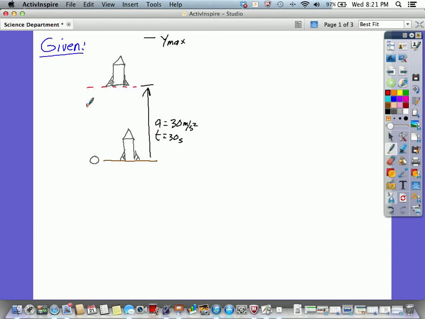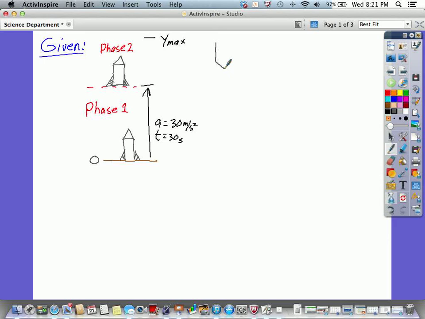So let's just call this first part phase 1, while the rocket is firing. Phase 2 is when the engine's died, but it's still rising, it's still going up. And then the last one, I don't know that the rocket flips around, but let's say the rocket flipped back around.